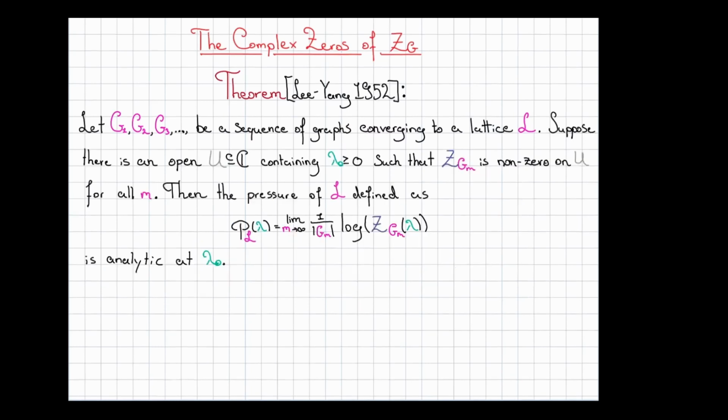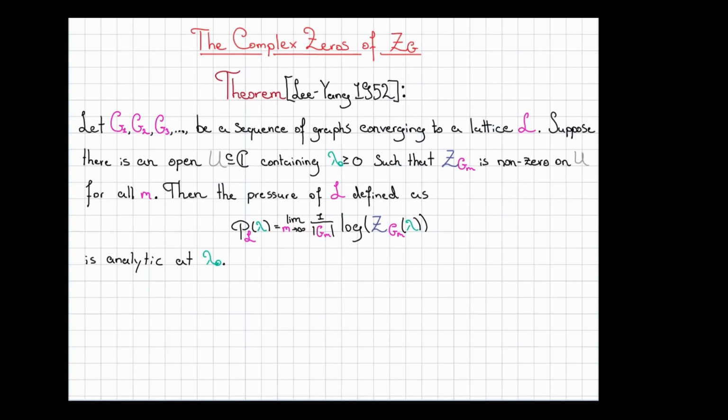Well, if there is some domain in the complex plane surrounding a real parameter for which you can prove that the independence polynomials of these finite graphs don't have any zeros, then this pressure function, which physicists look at, is always defined for real parameters, but if there is a zero-free region, Li and Yang showed that the function is actually analytic.